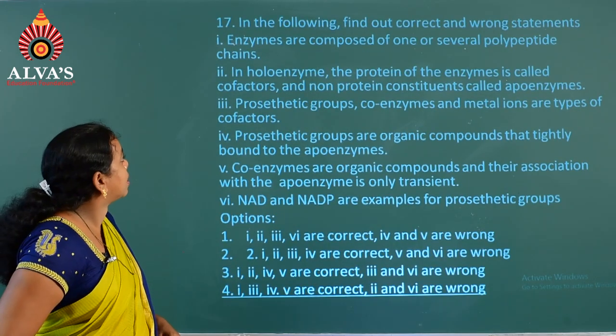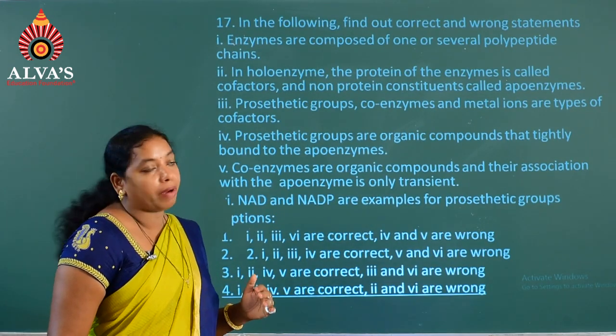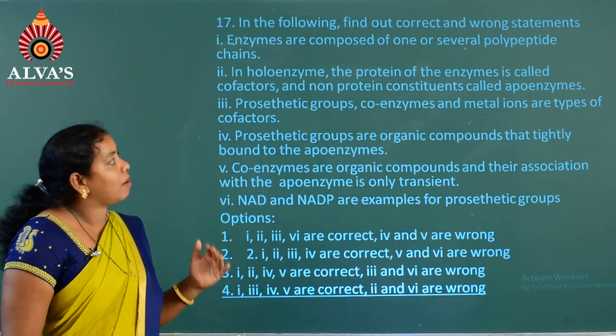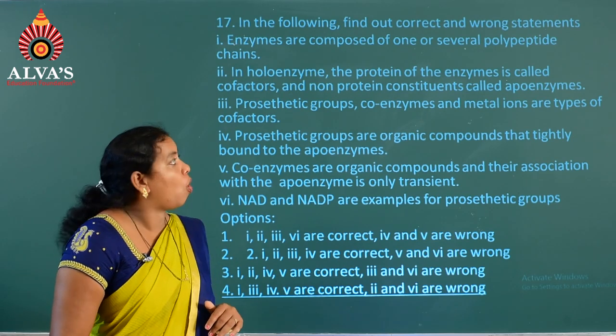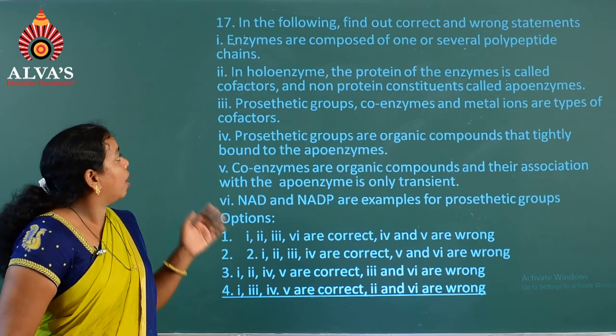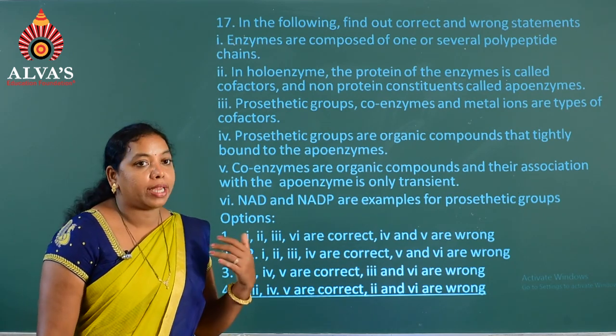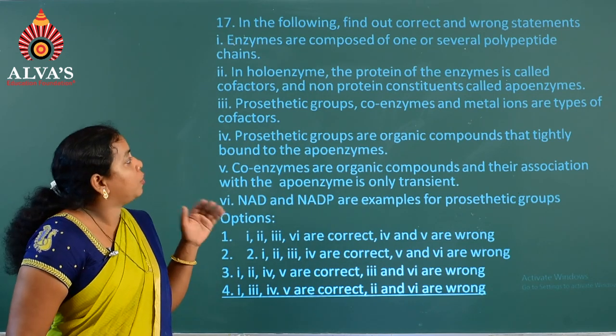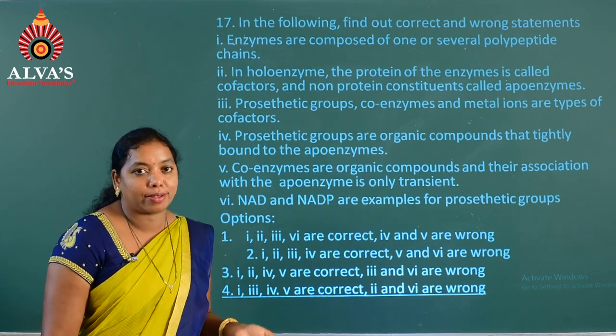Moving on to question number 17. In the following, find out the correct and wrong statements. First, enzymes are composed of one or several polypeptide chains. Second, in holoenzyme, the protein of the enzyme is called cofactor and the non-protein constituent is called apoenzyme.